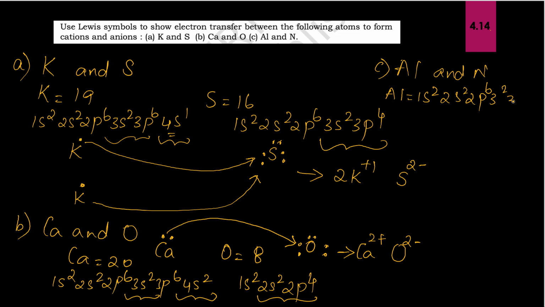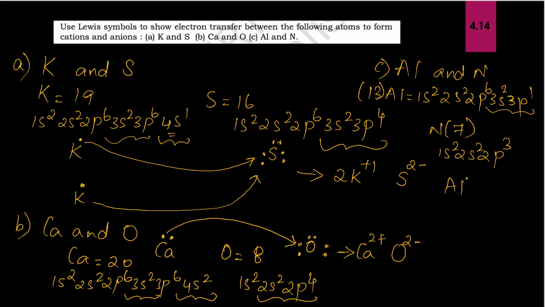Okay, so that is 3s2 and 3p1, for atomic number 13. Whereas nitrogen atomic number is 7, so here you will have 1s2, 2s2 and 2p3. Aluminium has 3s2 and 3p1 as the valence orbital.